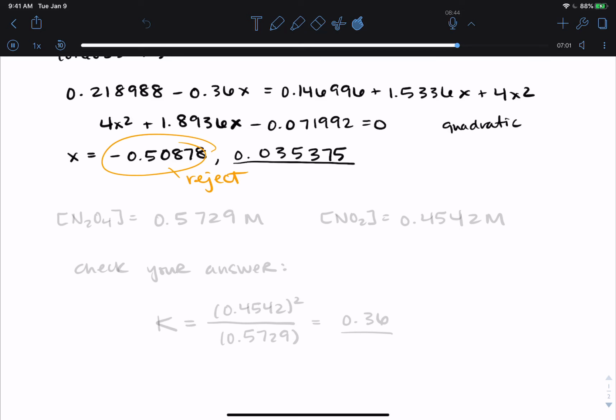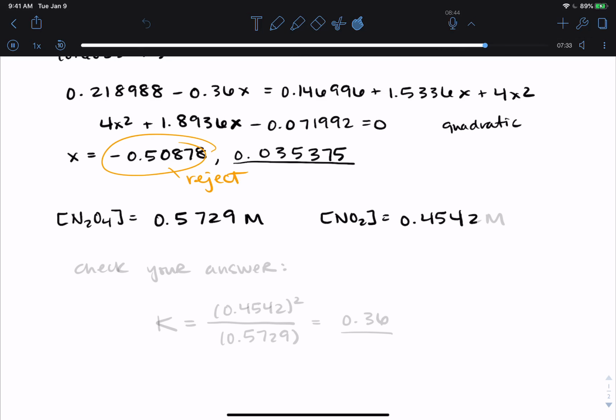Plugging that back in to my new equilibrium row, my new equilibrium concentrations after my reaction got to equilibrium, then I perturbed it, then it reestablished equilibrium, is that the N2O4 is 0.5729 molar, and the NO2 is 0.4542 molar.